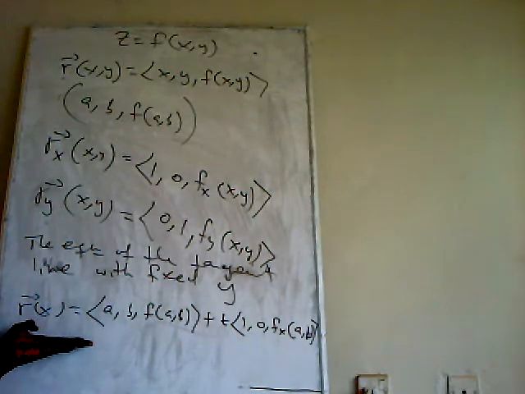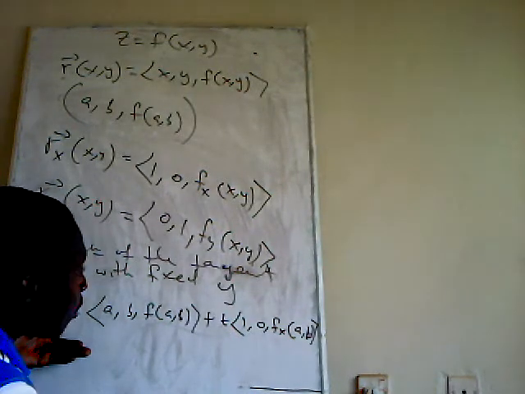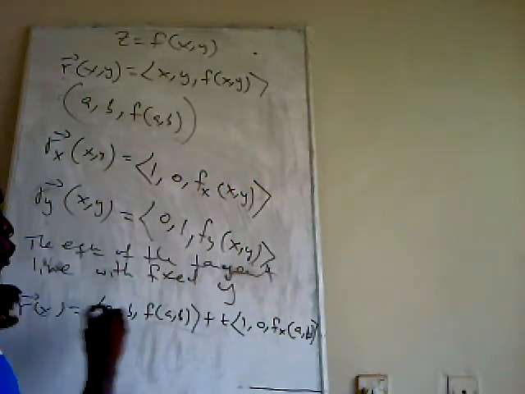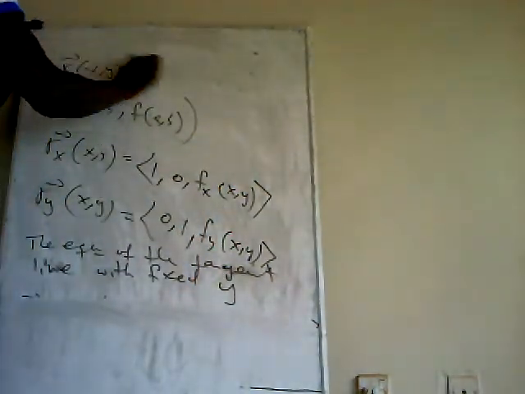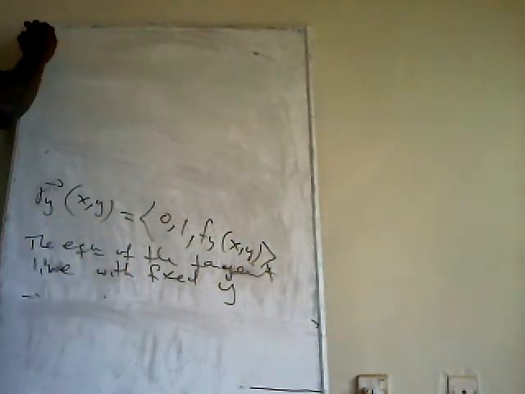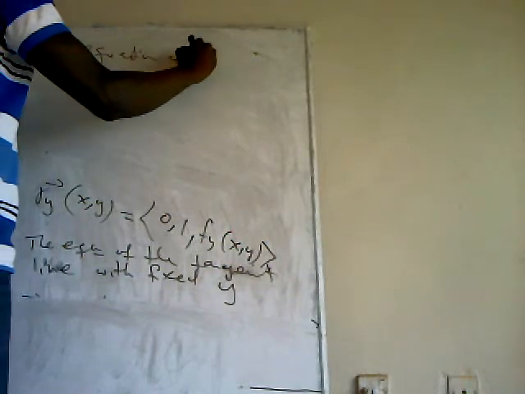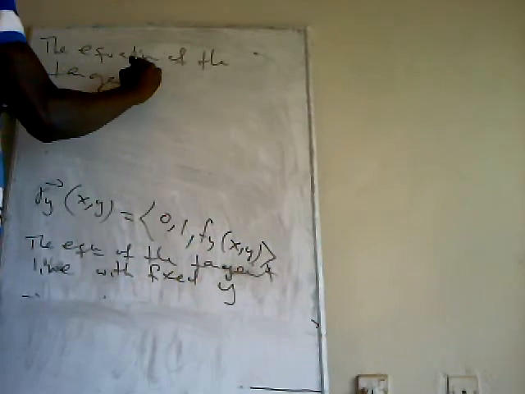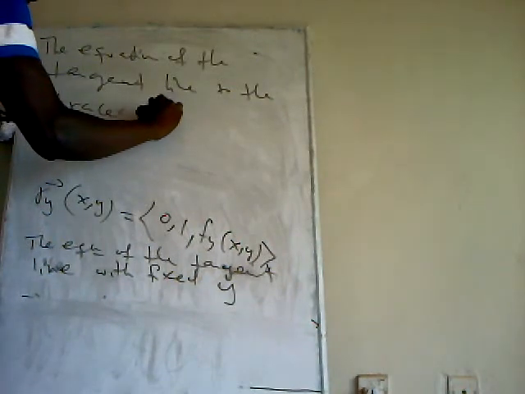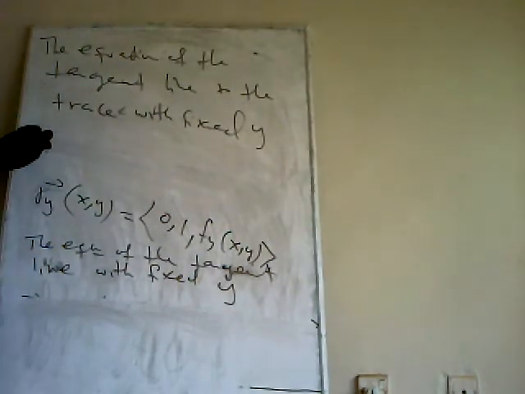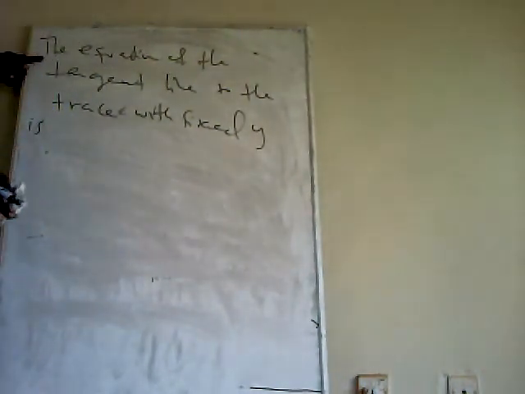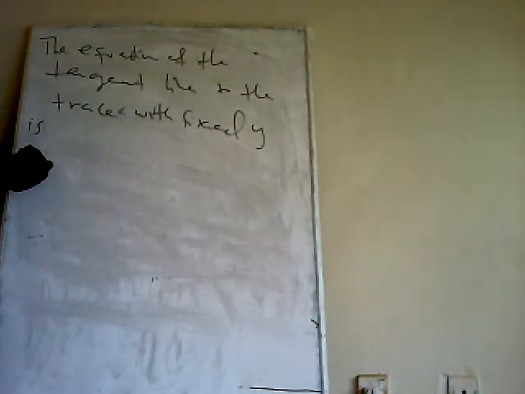The equation of the tangent line to the trace with fixed y is given by the vector.